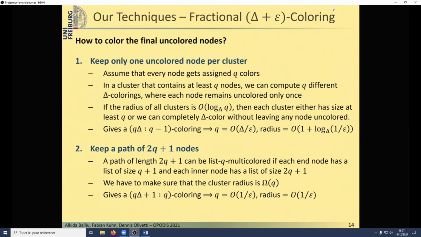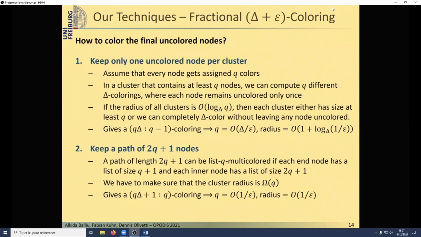And then for this path, one can show that if the endpoints of the path have a list of Q plus 1 colors and the inner nodes have a list of 2Q plus 1 colors, then you can actually assign Q colors to each node. Then this list multicoloring problem can be solved. That's a fact which the Sirocco paper also uses.